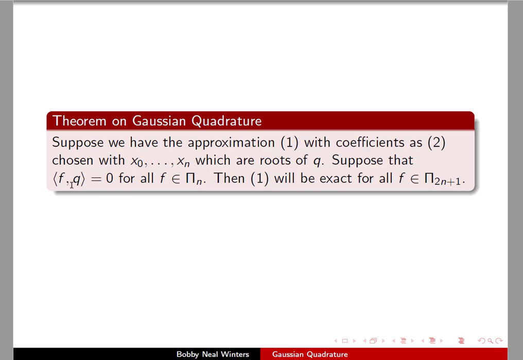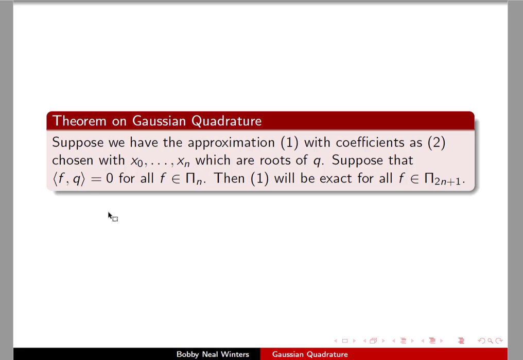And suppose that q is orthogonal to every polynomial of degree n. Then the approximation formula given in 1 will be exact for all polynomials of degree 2n plus 1.